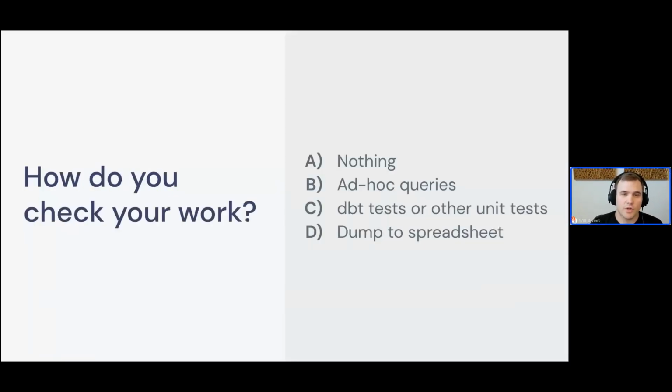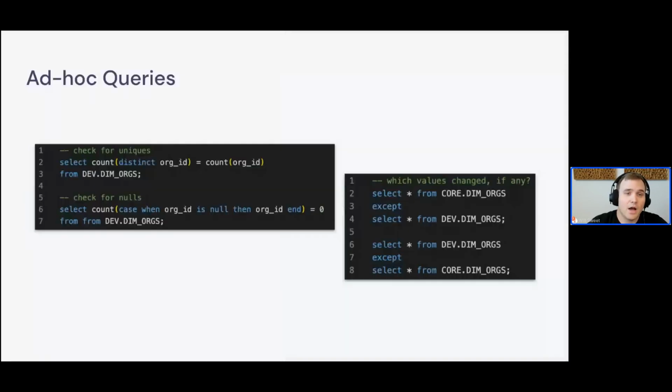So I'd love to start with a quick question. How do you currently check your work? Are you doing nothing, just kind of committing and pushing straight to production? Are you writing ad hoc queries like this, where you might be making assertions to decide if things are null or not or unique? Are you doing some of these excepts to try to figure out what's in one table but not another?